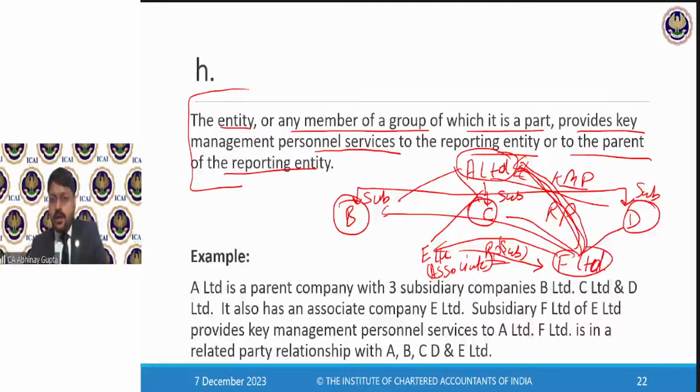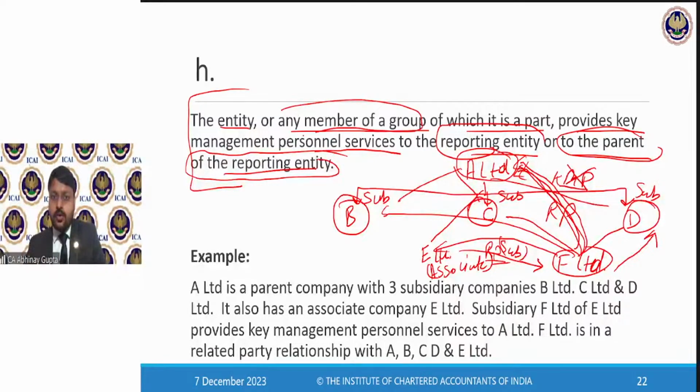What would be the scenario if, instead of providing KMP services to A Limited, F Limited was providing KMP services to any of the subsidiaries, for example D Limited? Again, the same answer, because it says provides KMP services to the reporting entity or to the parent of the reporting entity.